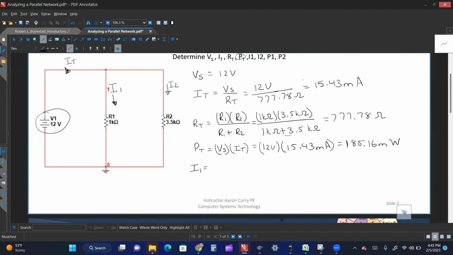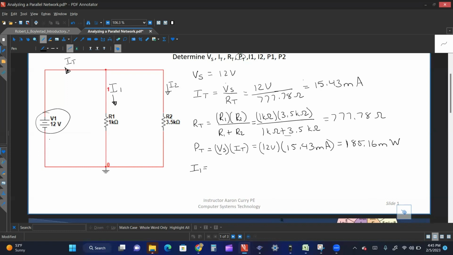As we get deeper into series and parallel networks, you'll learn that the source voltage is not always going to equal the parallel voltage across each resistor. What I'm trying to say is that the voltage across parallel components is the same. Okay, in this particular example, the voltage that's in parallel with R1 is the voltage source.